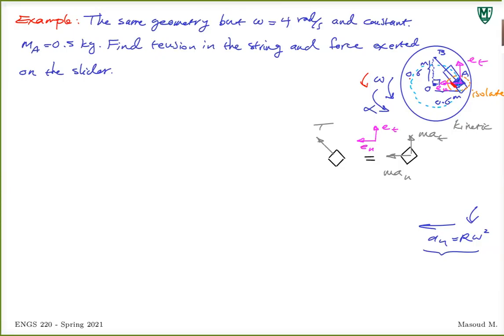This slider is moving because of the motion of the disc. So there has to be a contact somewhere to push the slider with it. Since we are rotating in this direction, or looking from the top in this direction, the disc is pushing the slider from the bottom to move it with the same velocity.